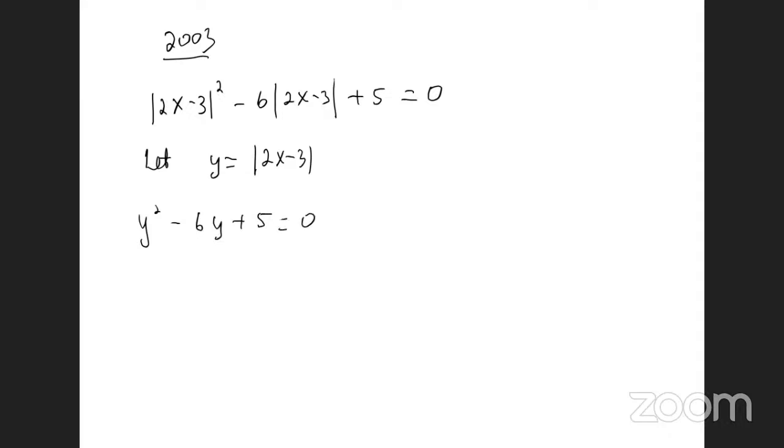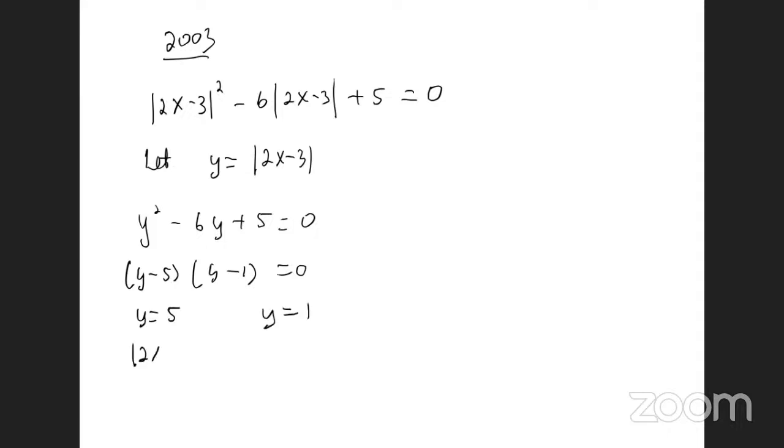The next thing it could have done was square out the first modulus and then apply the rule to the second one. That's the next option. When you work this out, you'll get (y minus 5)(y minus 1) is 0. Y minus 5 means that y is 5, y minus 1 means y is 1.